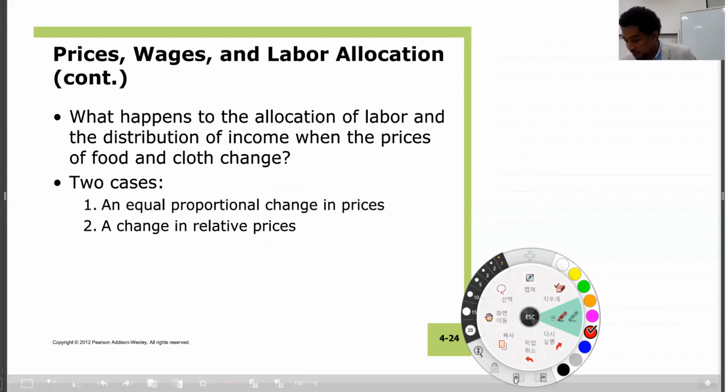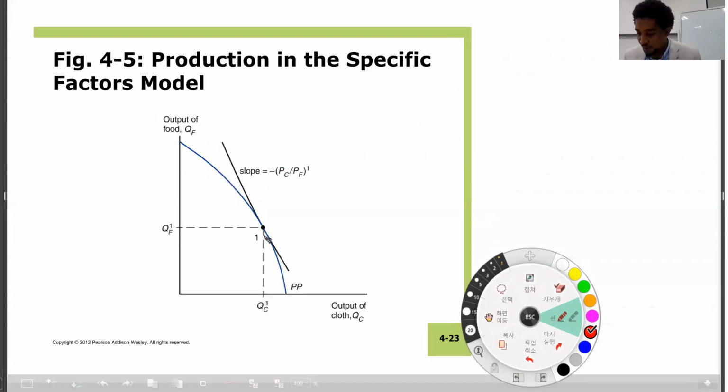So here this is the slope where the quantity of food is this much, and the quantity of clothes production is this much. So this is the point where these two meet. Then this is a tangent line to the curved graph, the production possibility frontier of the specific factor model, and this is the slope, right?